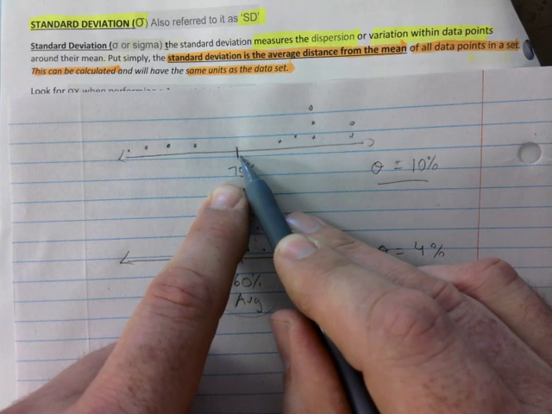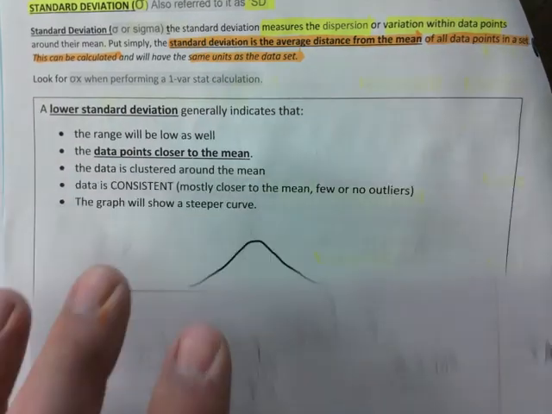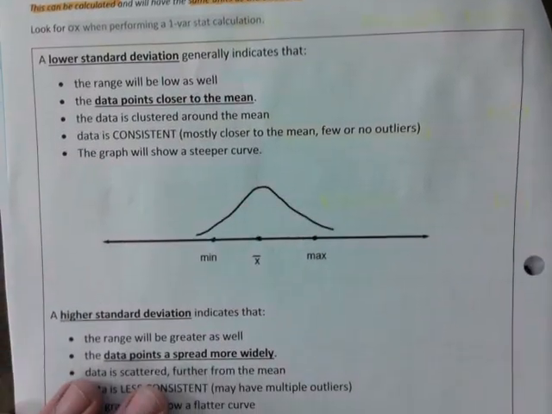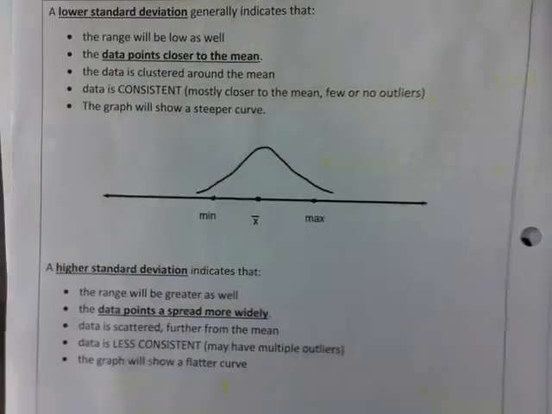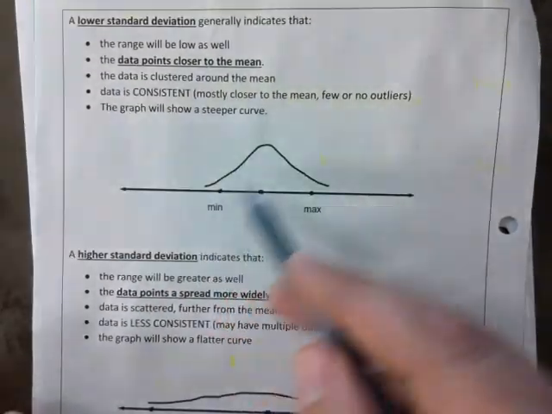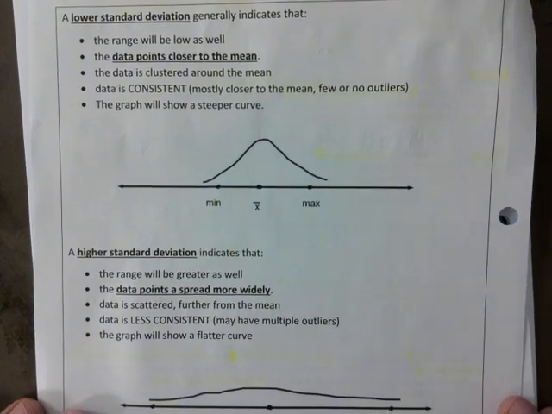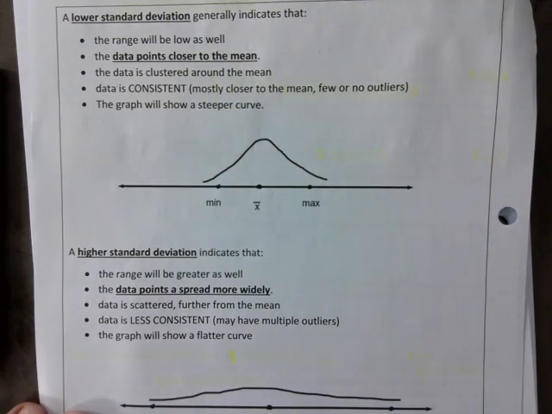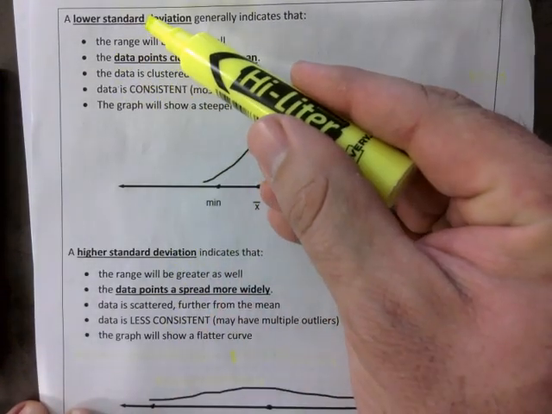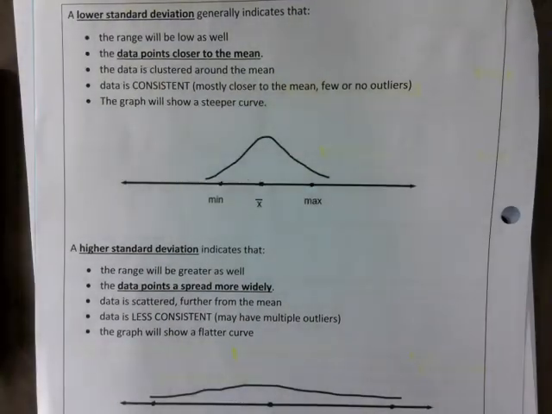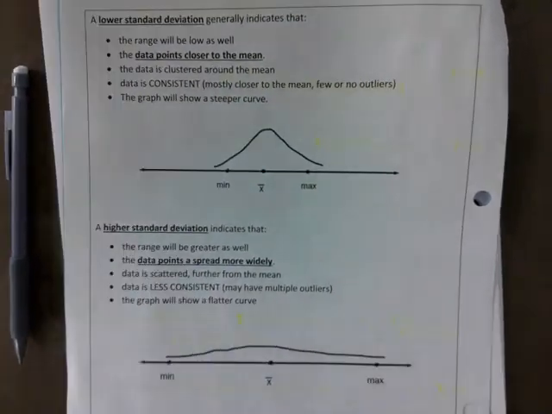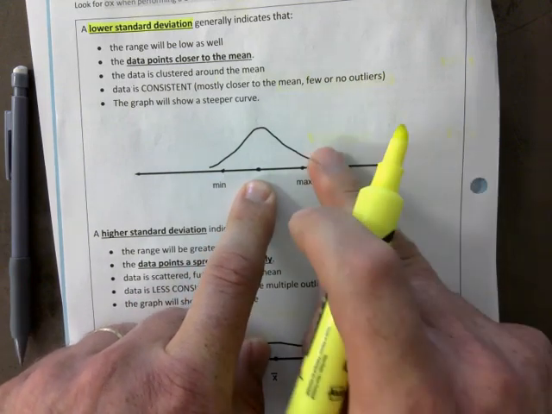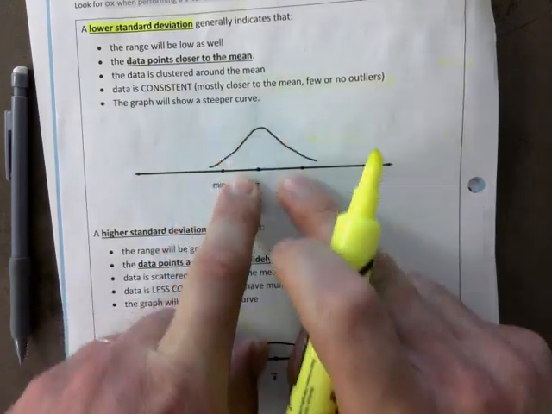Let's now look at these visuals I have for you. Sorry, I did this with my mouse; I couldn't find something to make it smooth, but I tried my best. We're going to compare a lower standard deviation and a higher standard deviation. I'm going to zoom out for this. With a low standard deviation, the graph is steeper and closer to the mean.